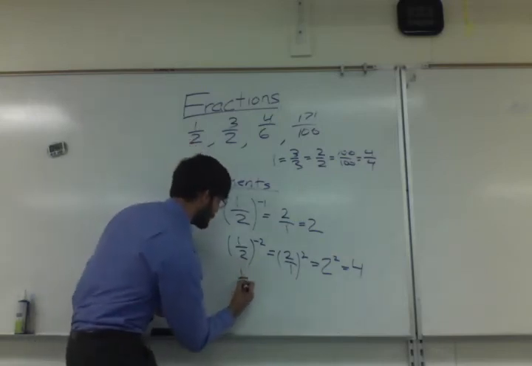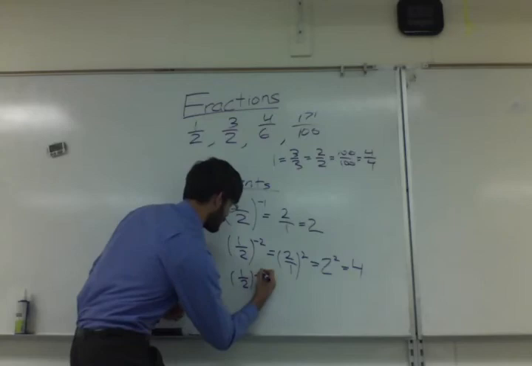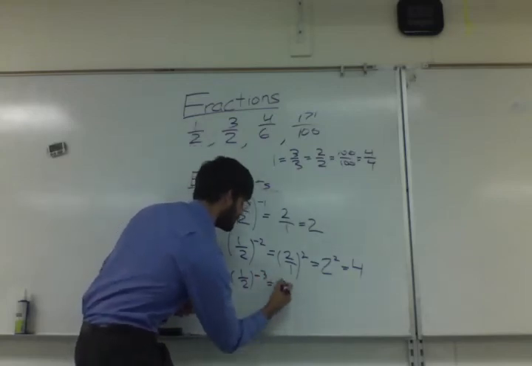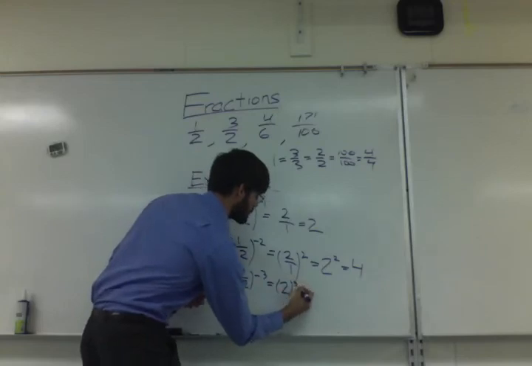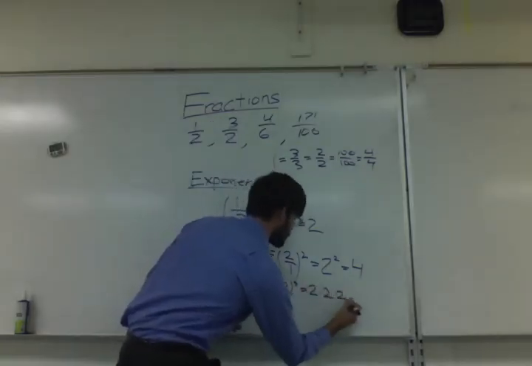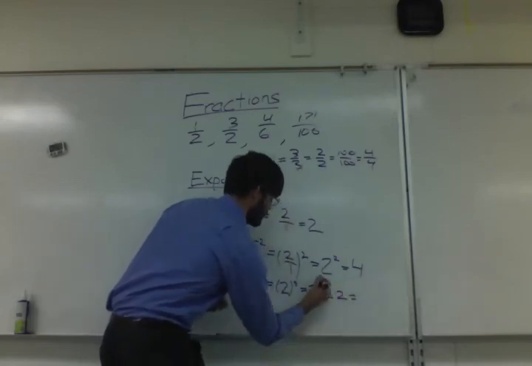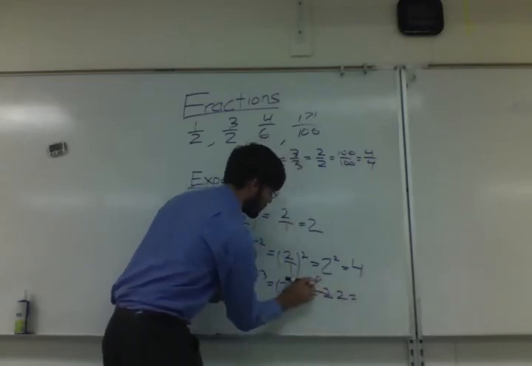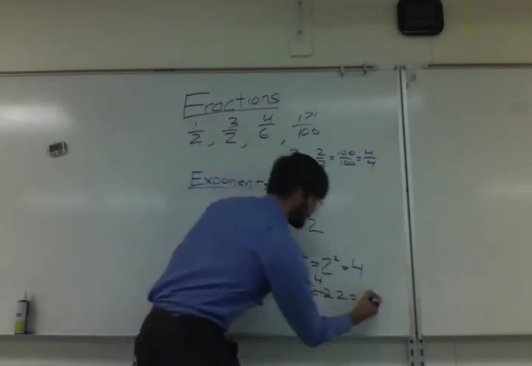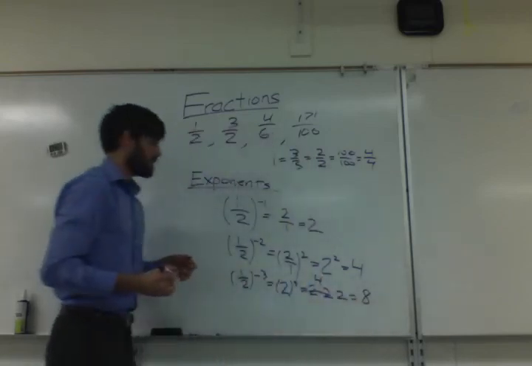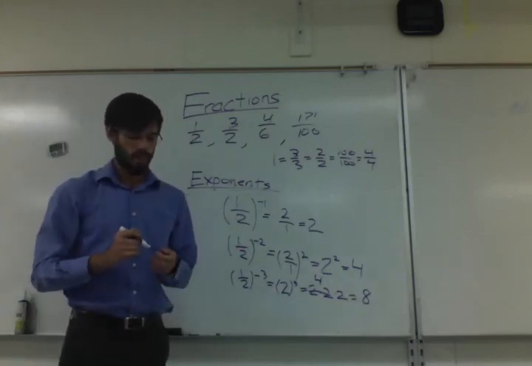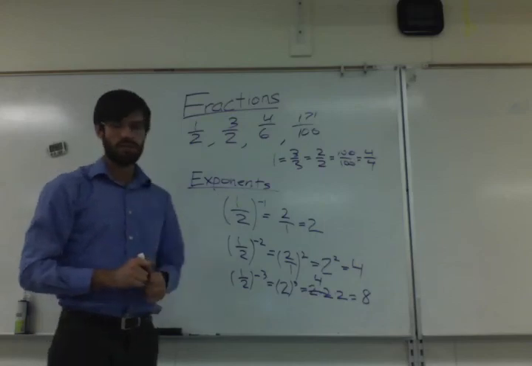So when I do 1/2, the last one, to the negative 3 power, that's going to be the same as 2 cubed. And 2 cubed is 2 times 2 times 2, which is equal to 4 times 2, which is equal to 8. So 1/2 to the negative 3 is the same as 2 cubed. So these will come in handy for your activity.